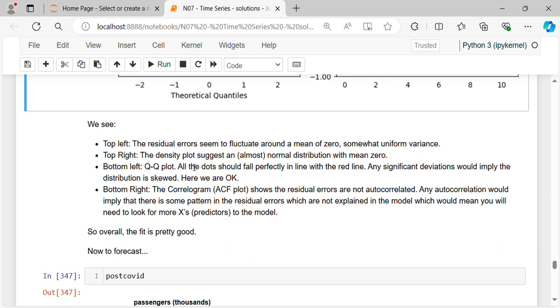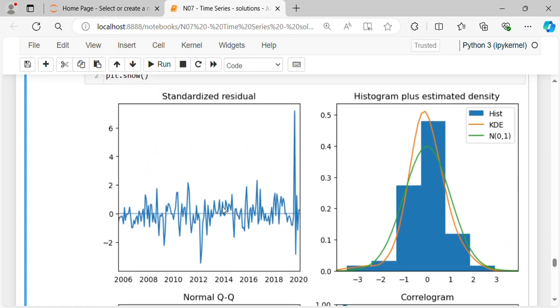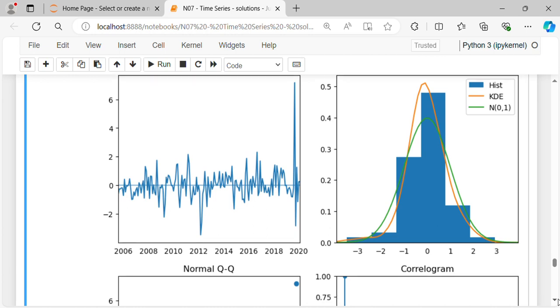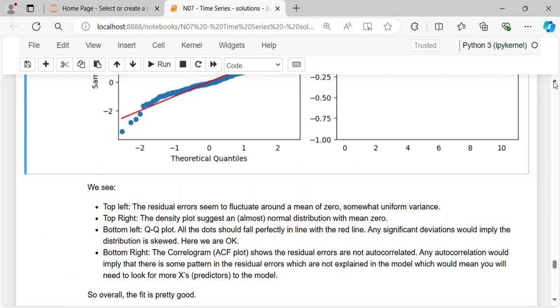So from the top left, the residual errors seem to fluctuate around a mean of 0, with somewhat uniform variance. And from the top right, the density plot suggests an almost normal distribution with mean 0.